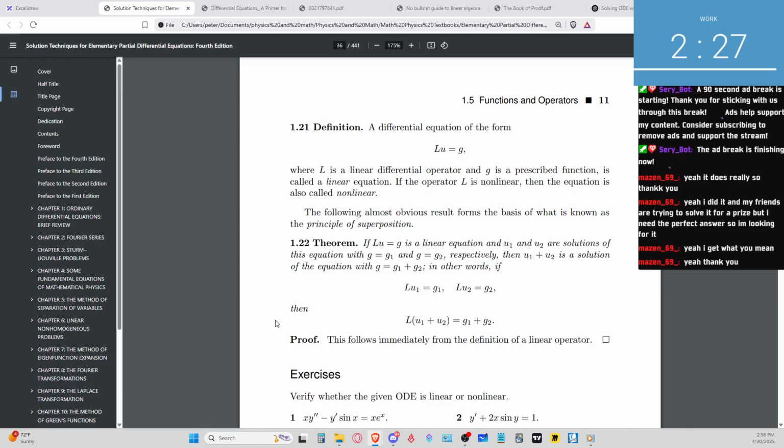In other words, if L U1 equals G1 and L U2 equals G2, then it's the sum. Proof. This follows immediately from the definition of a linear operator.